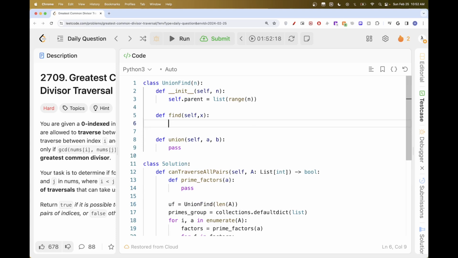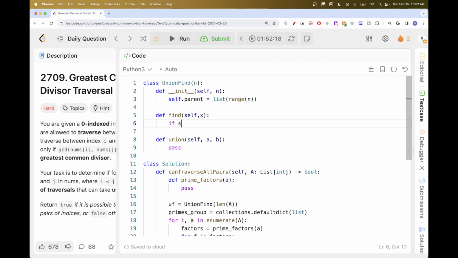Well, basically for find, we keep going up the parents tree until we find an element whose parent is itself, because that's the root of the component that the element x is in. The root doesn't have any other parent because itself is the parent, itself is the root of the tree. And so we keep going until we find that element where the parent of x is the same as x.